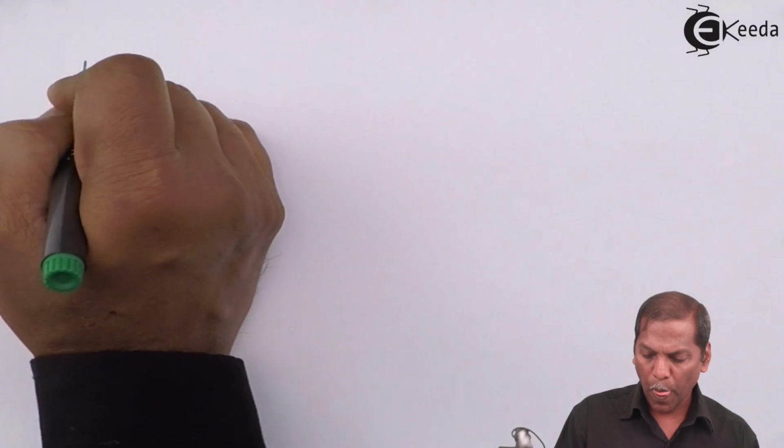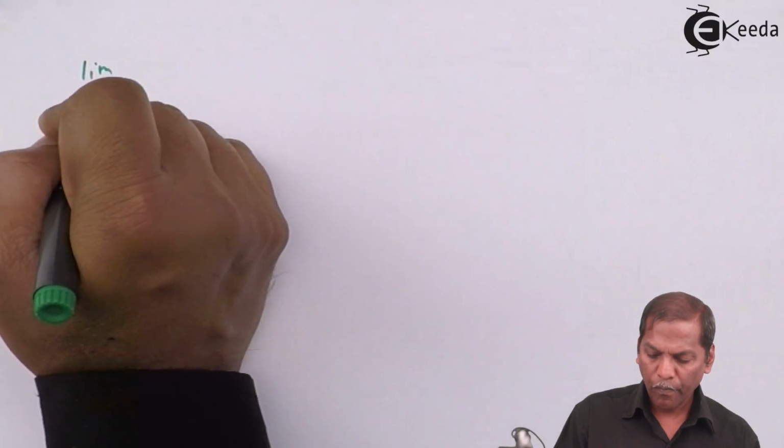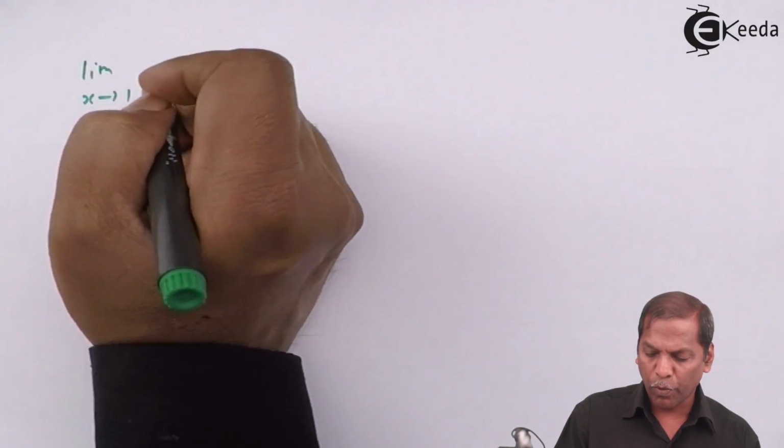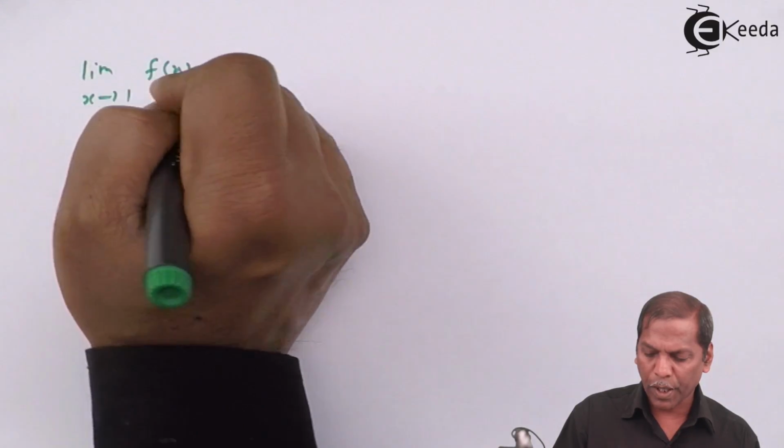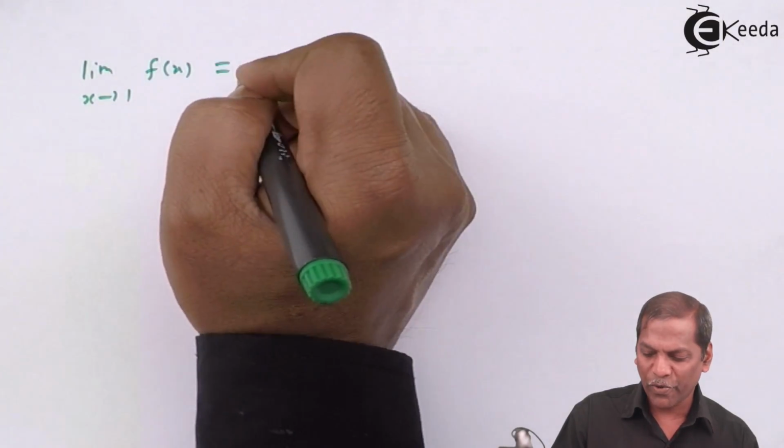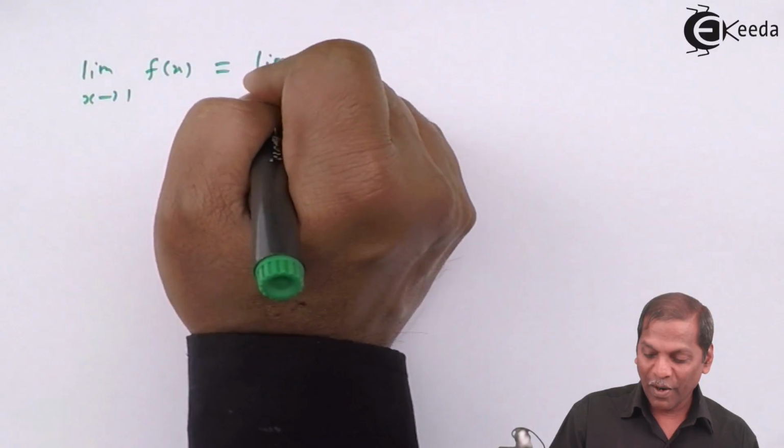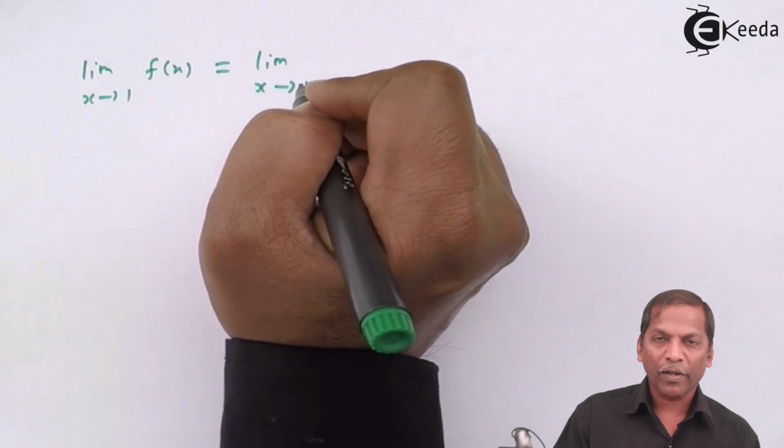Now we consider the second part of the question. The second part is limit x tends to 1 f of x, which is equal to limit x tends to 1.